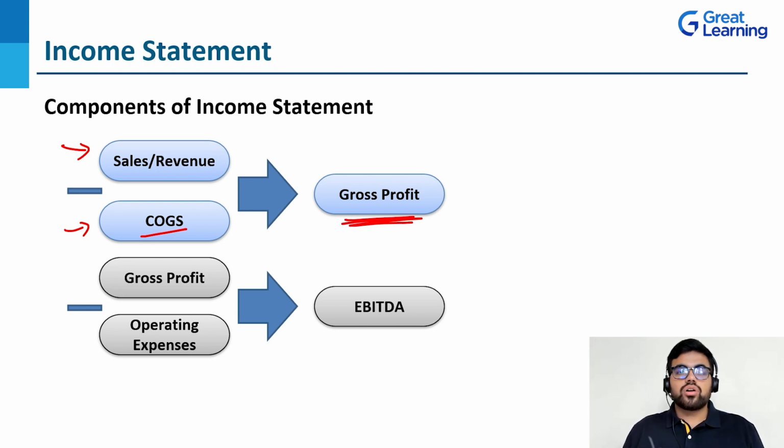There would be a lot of different expenses involved, like financial cost, employee cost, transport and logistic cost, etc. All these come under operating expenses. From that gross profit, if we subtract operating expenses, we get EBITDA, that is earnings before interest, tax, depreciation and amortization.